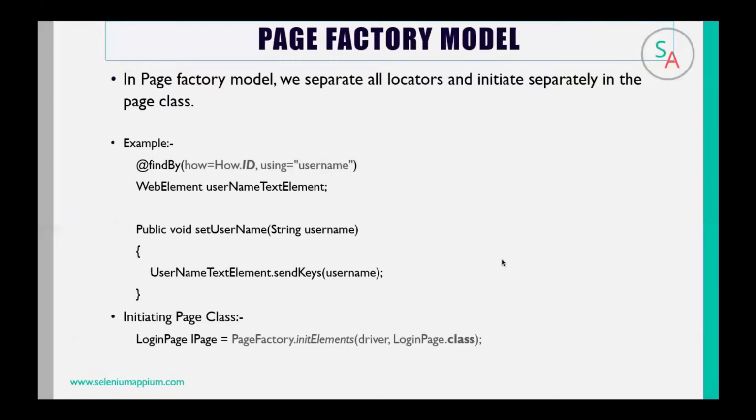You can perform dot click or dot clear or dot send keys or any other action on the web element. So this is how we define the elements in the page factory model, and this is how we invoke those elements in the action methods.